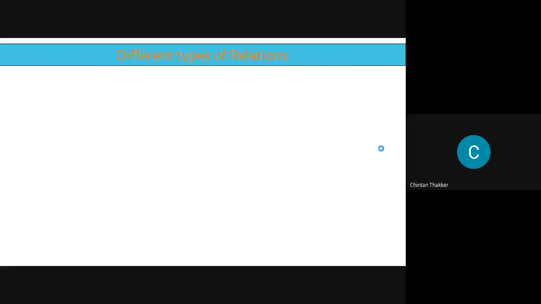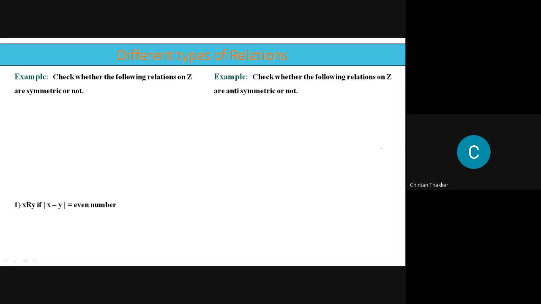Now we take some examples on symmetric relation and anti-symmetric relation. Here, x is related to y if mod of x minus y equals an even number.